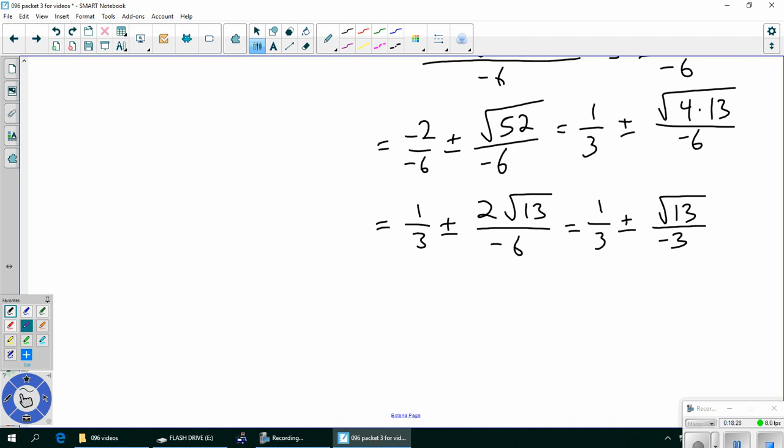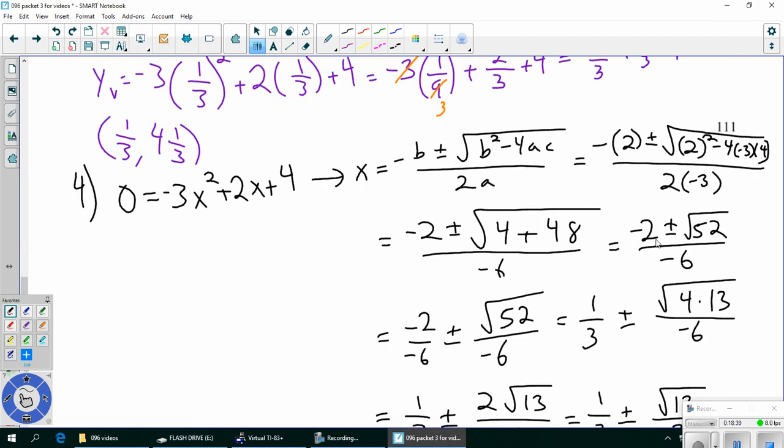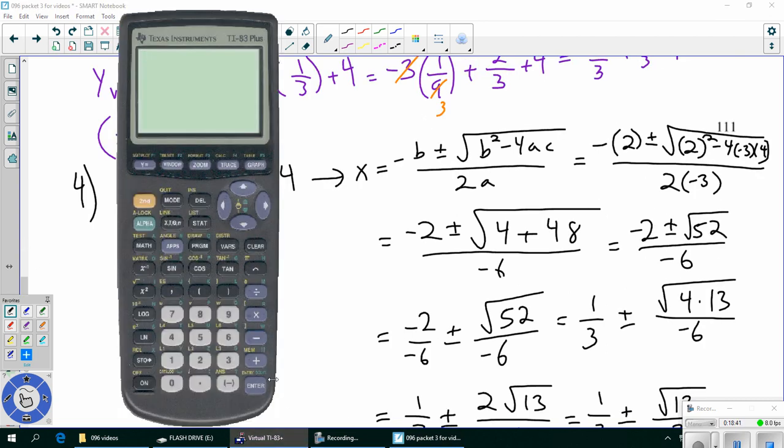And so we can just type them into the calculator and get decimals to plot these x-intercepts. So we'll do that real quick here. I'm actually just going to go back to this version to do the calculator bit. So I'm just going to do the numerator first, negative 2 plus the square root of 52. I will hit enter there, and then that's supposed to get divided by negative 6. And so that's one x-intercept, right around negative 0.87, we can say.